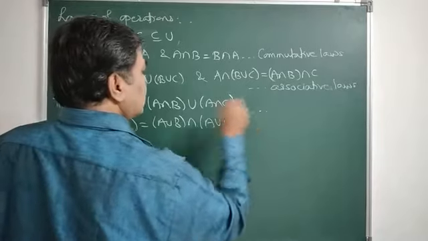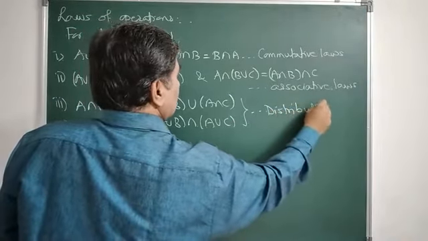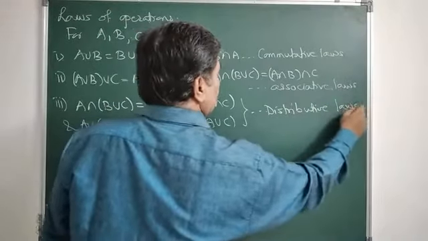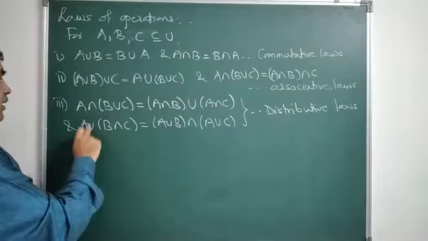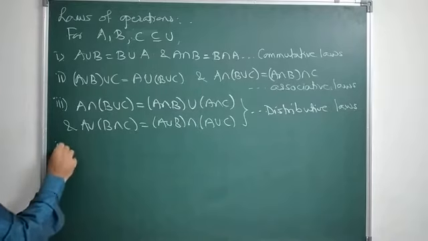These laws are known as distributive laws. Union distributes over intersection and intersection distributes over union.